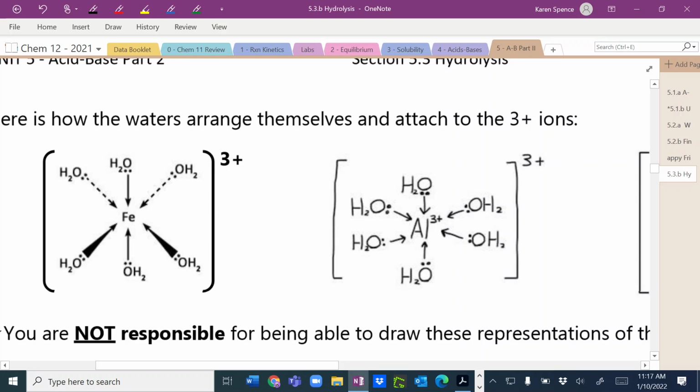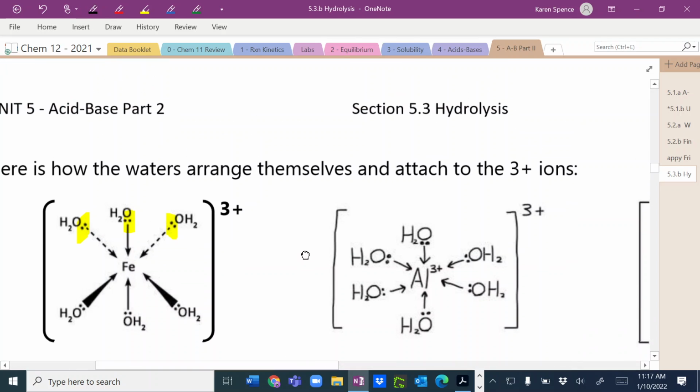And I don't know if you can see them, but there are lone pairs on the oxygens. I don't know if you remember the structure of water. If we were to draw a Lewis structure of water, oxygen has 2 lone pairs, and one of the lone pairs, each of those is attracted to that positively charged iron 3+, and so they form a loose bond, okay?